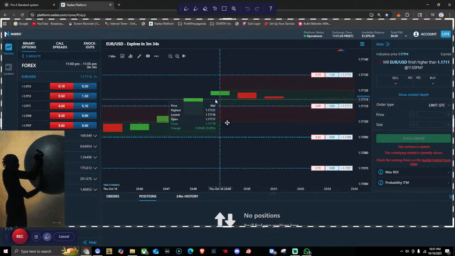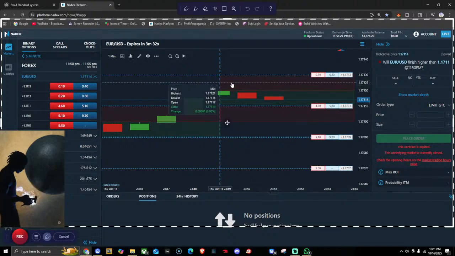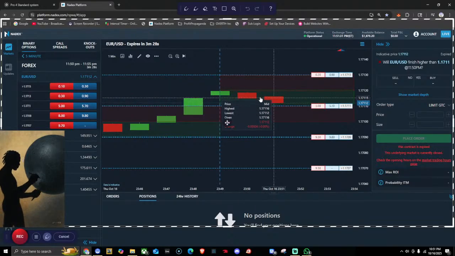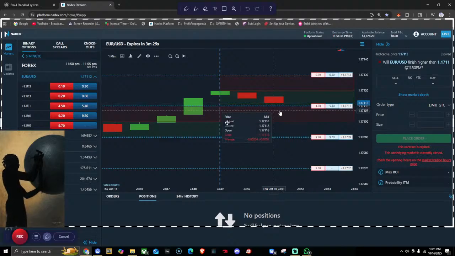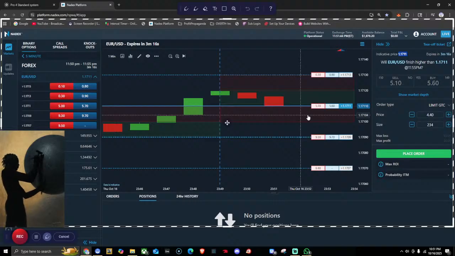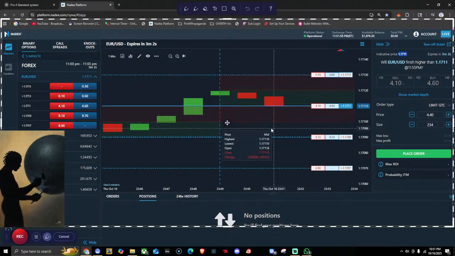Let's take a look at this one. So this one touched the bottom of the sell. It's threatening the buy right now. Now it's in the sell. So it's already touched 3 positions. It may not look like it. It looks like it's all in one position, but it's touched 3. Look at this one here.